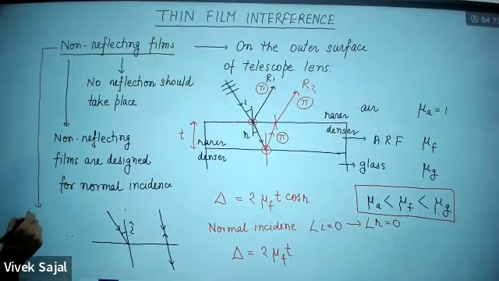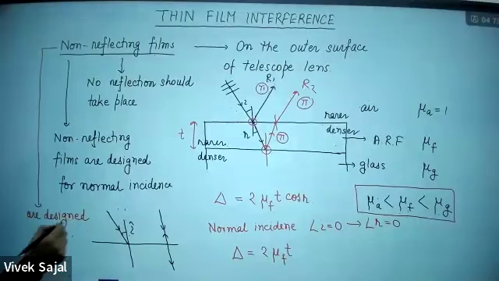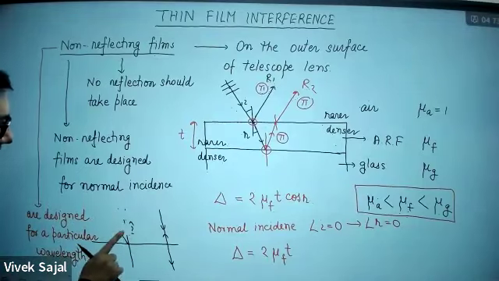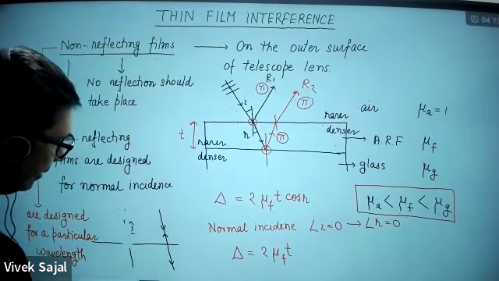Non-reflecting films are designed for a particular wavelength, and you don't want any reflection. What is your objective? You don't want any reflection. No reflection should be there.